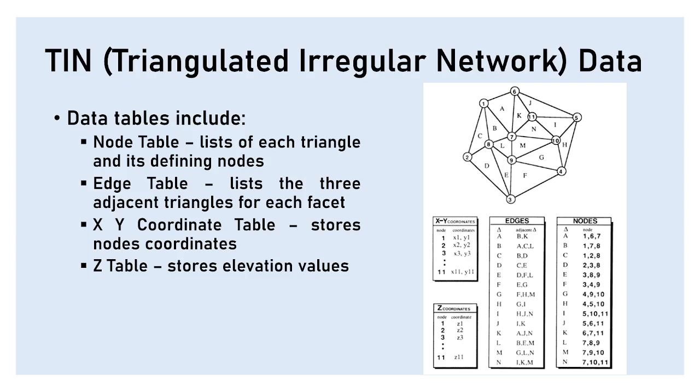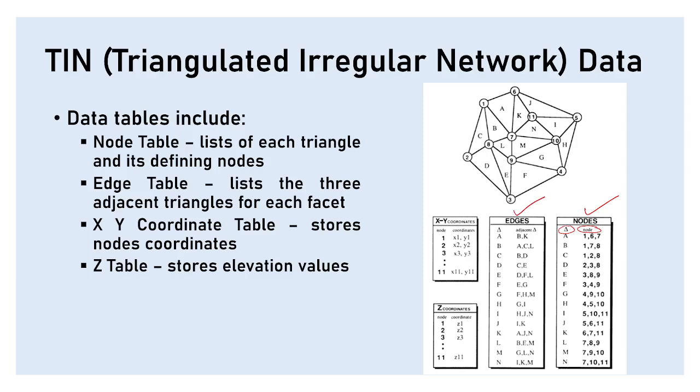Okay, so as I said, in the TIN data, everything is organized in the form of tables. We have a node table, in which each triangle and its defining nodes are given. So here the triangle information is there and the node is given here. Then we have the edge table, which lists the 3 adjacent triangles for each facet.